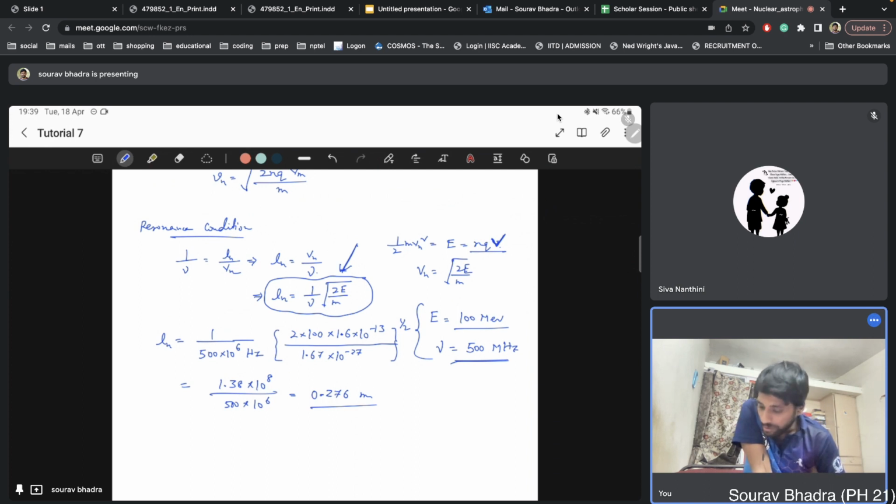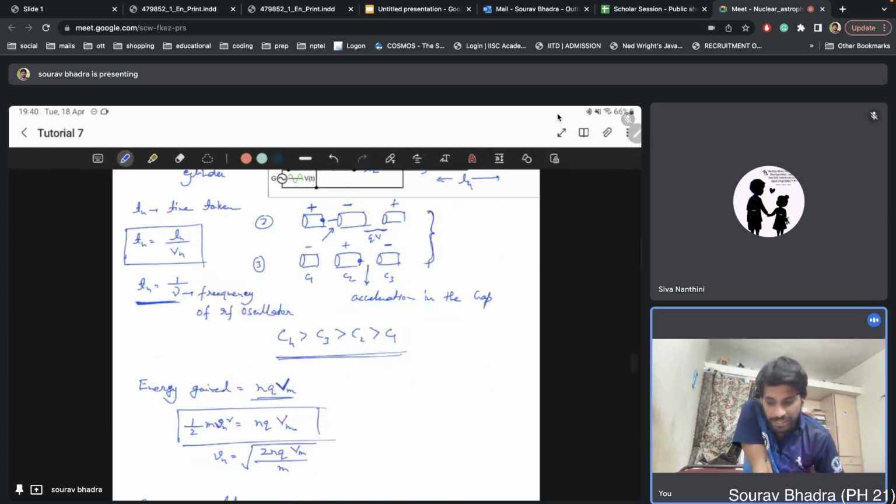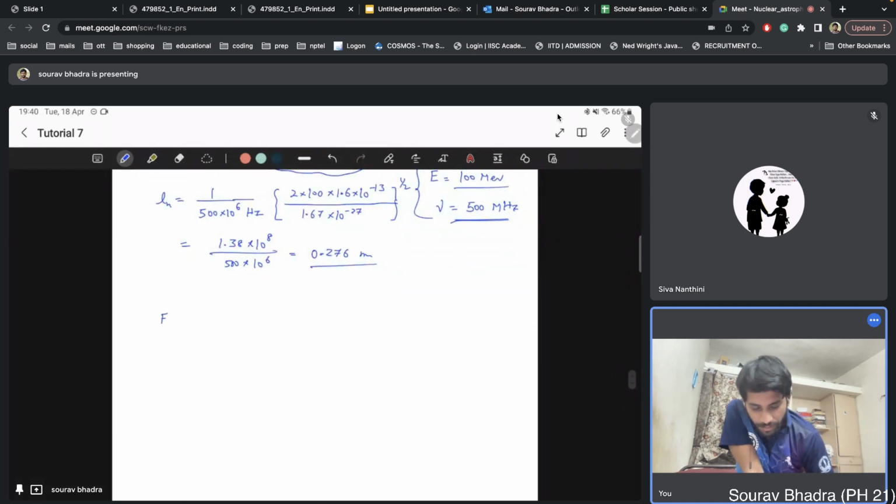Now again we will calculate the energy gain of the particle in the first tube itself. So we are only in the first tube here, and we will calculate the energy gain in that first tube. We write E0 as half m v0 square, where v0 is the velocity in the zeroth tube, that means the first tube.